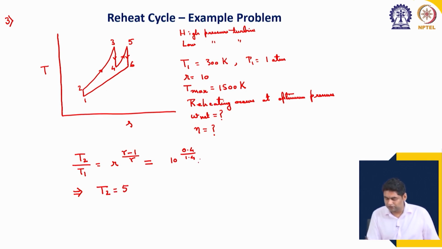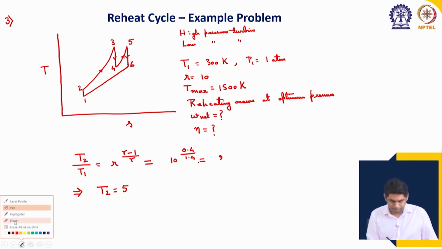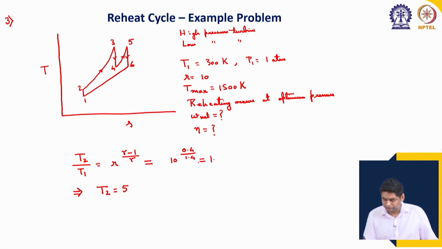So, this value we had obtained previously also, let me write it down. Okay, this is 1.9307, and that gives us a value of T2 equal to 579.21 Kelvin.